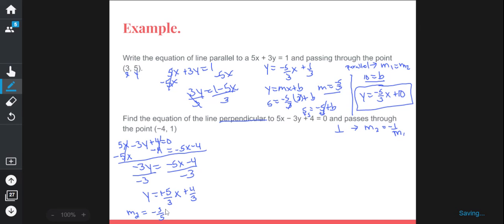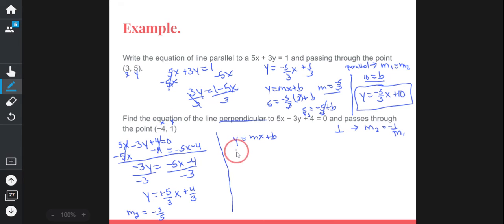So that's my negative reciprocal. So now that I know my slope, I can now substitute, and I know that y equals mx plus b. That's the format I'm using. I can now substitute my slope and my point, this is the only one I know, and this is my x and y, into this equation and solve for b.